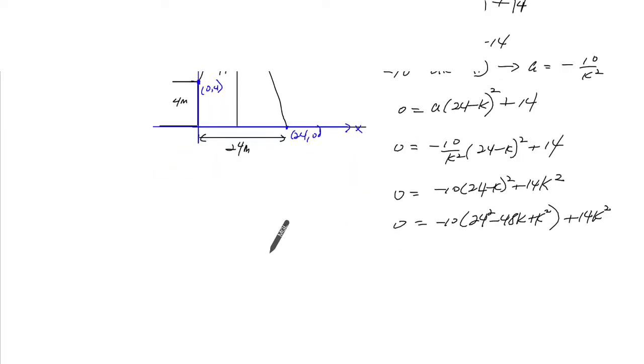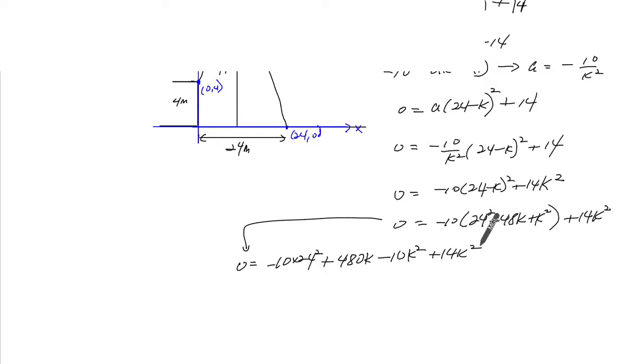Continuing here, minus 10 times 24 squared, that's going to be a large value, then 480k minus 10k squared plus 14k squared. Combining, you get 4k squared plus 480k minus 10 times 24 squared.